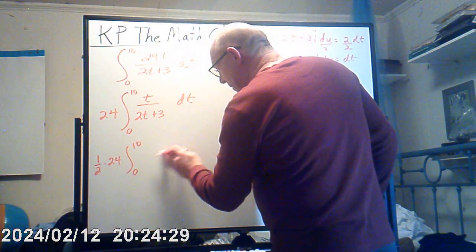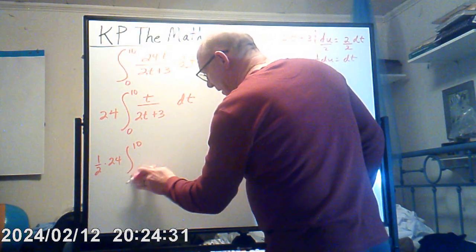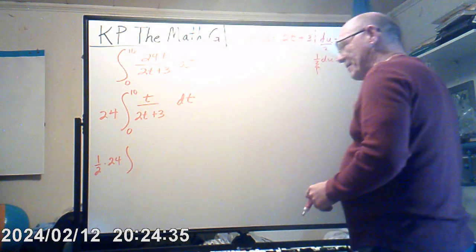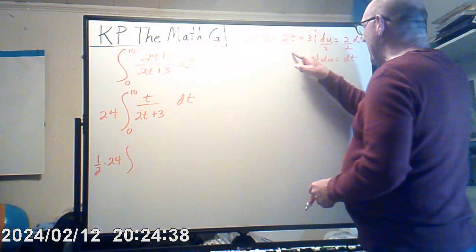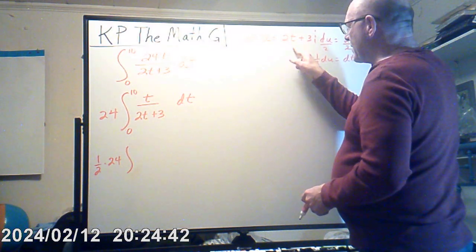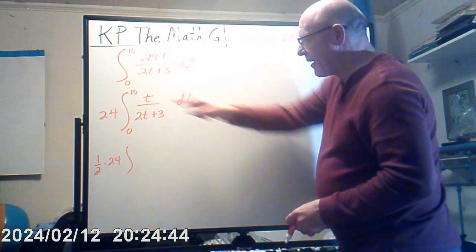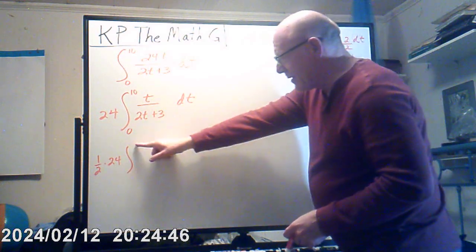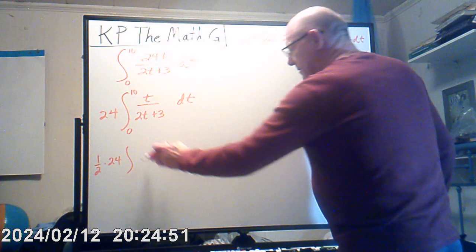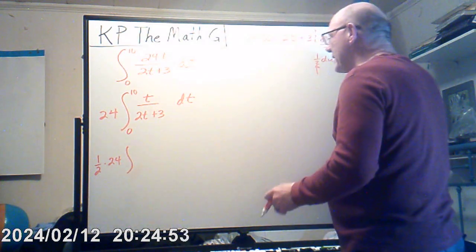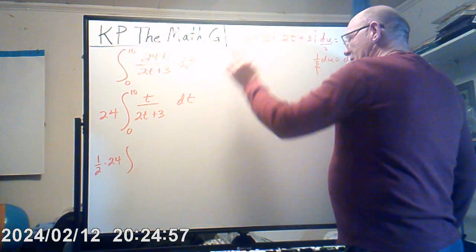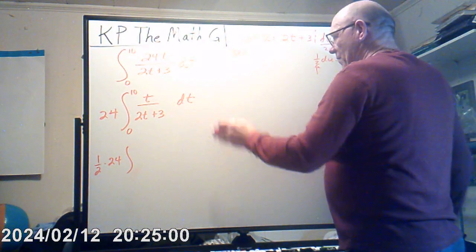Now let's leave this off for right now. First of all, before we go any further and solve for t, I want my limits of integration. I'm going to leave this in terms of u, so I can just change my limits. So u is equal to 2t plus 3.